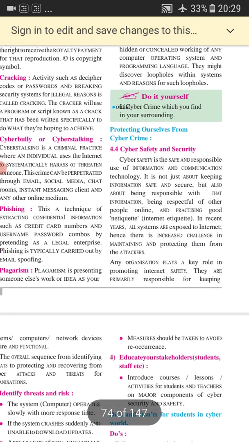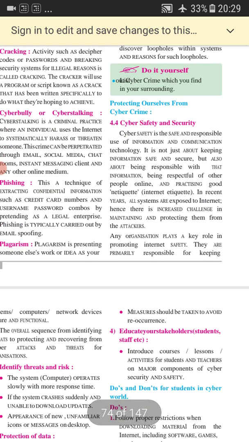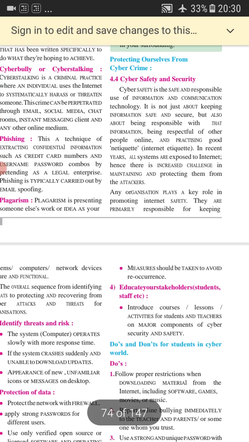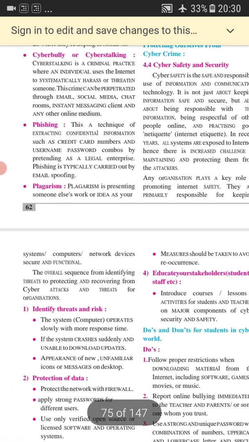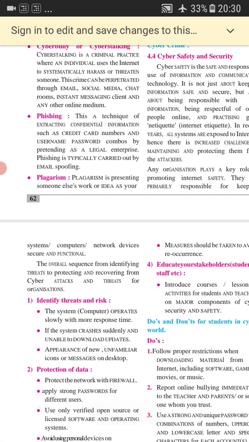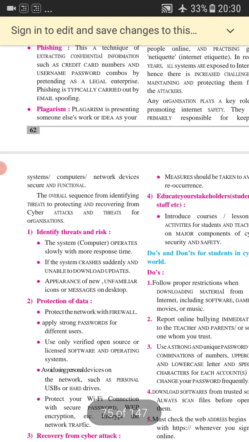Now the next topic is cyber safety and security. If crimes are going on, then how do we secure our data from these crimes? In this topic we will study cyber safety and security. It is very important to secure data in a safe manner. The first step is to identify threats and risks.